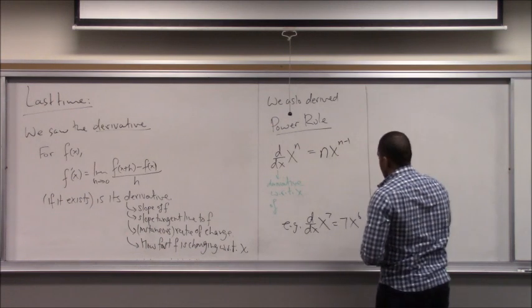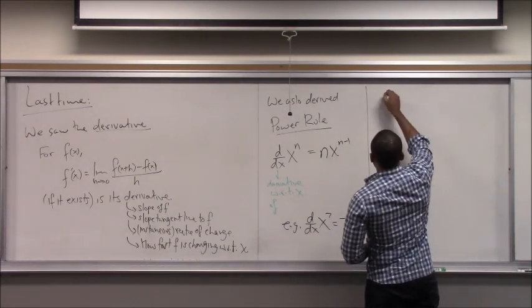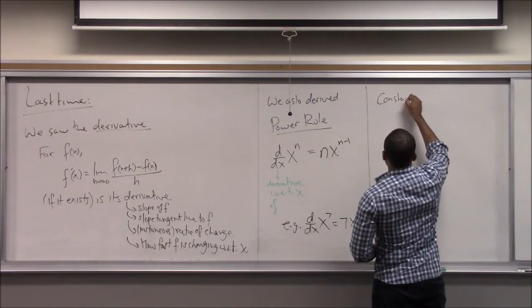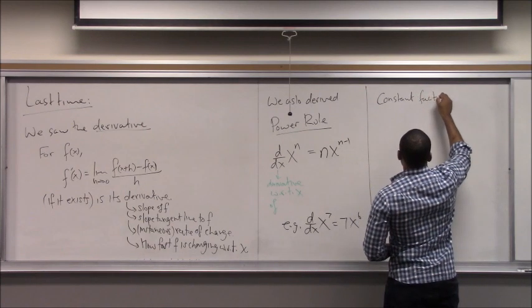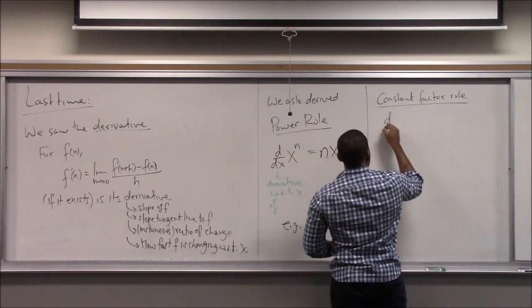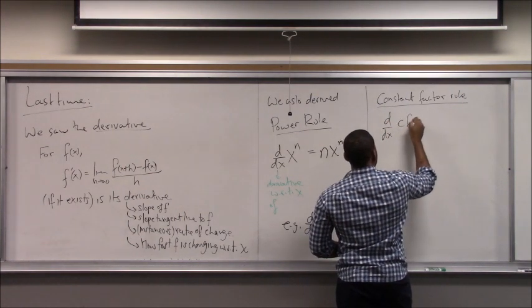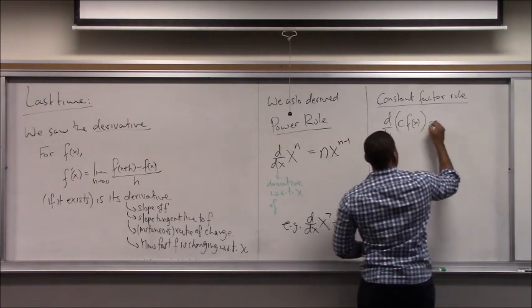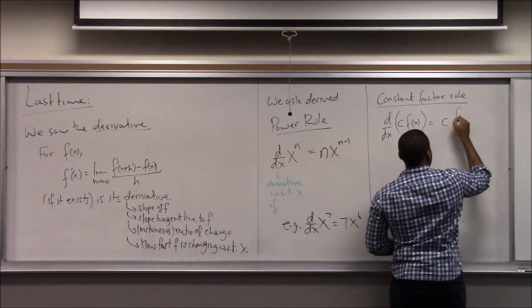We also saw that we had a constant factor rule. This is saying that if we have the derivative of a constant times a function, you can factor the constant out.